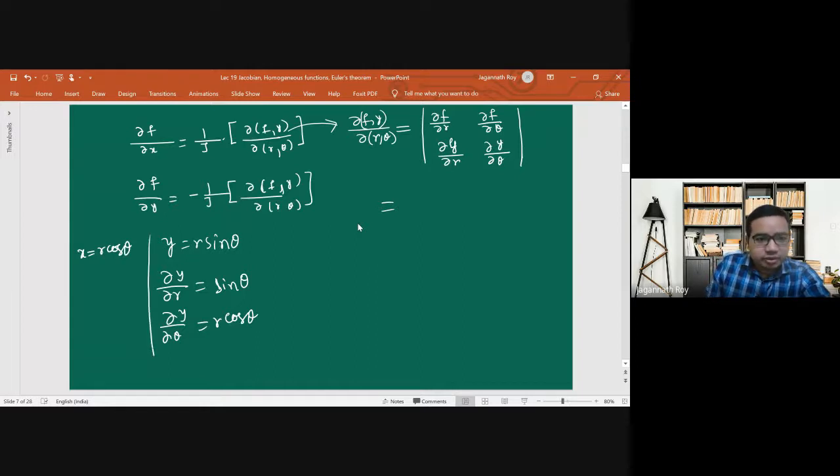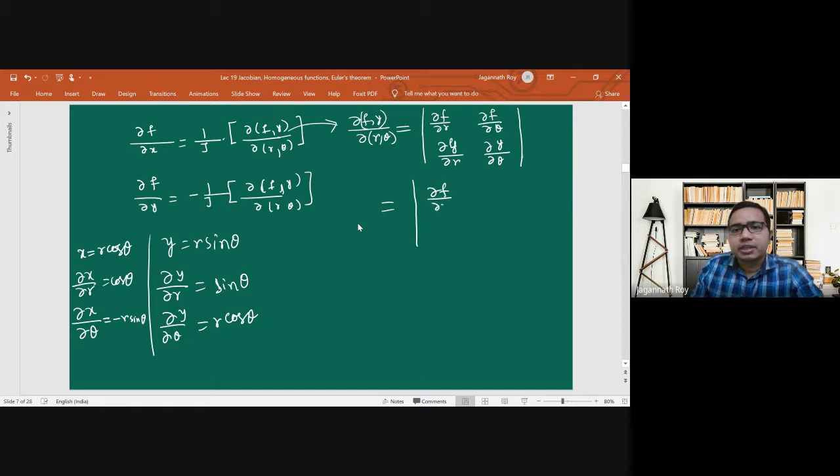So here we will get del x del r equals cos theta, and del x del theta equals minus r sin theta.